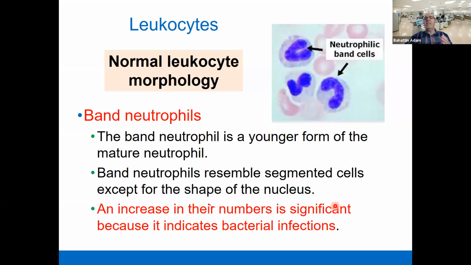It indicates that the number of neutrophils rises. Therefore, whenever we examine neutrophils, we take a look to see whether the number of neutrophils has changed, and whether there are band neutrophils or not, which is important.